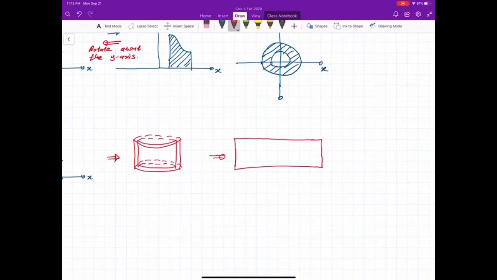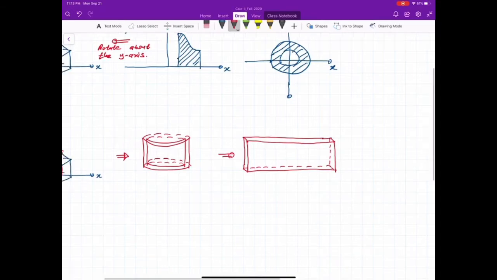This has a very small width. All right, so you get a stripe like that.